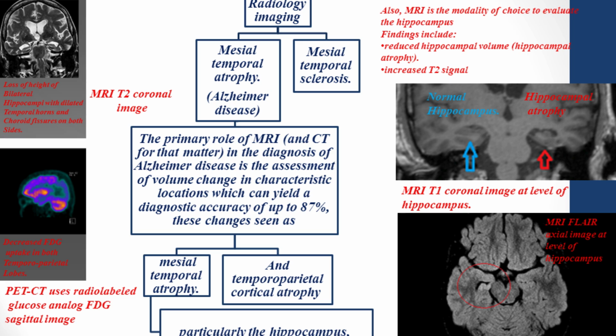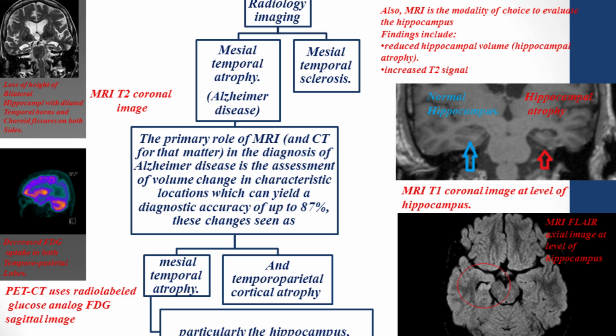While in case of mesial temporal sclerosis, MRI is the modality of choice to evaluate the hippocampus. Findings include reduced hippocampal volume, hippocampal atrophy, plus increased T2 signal.